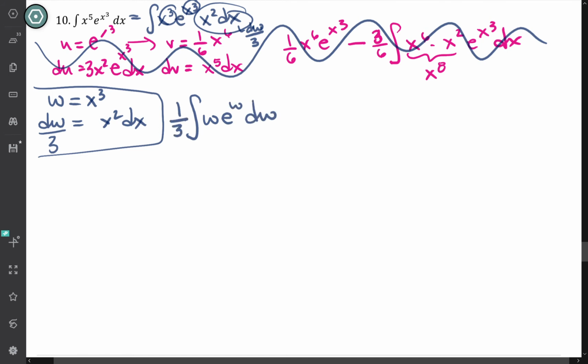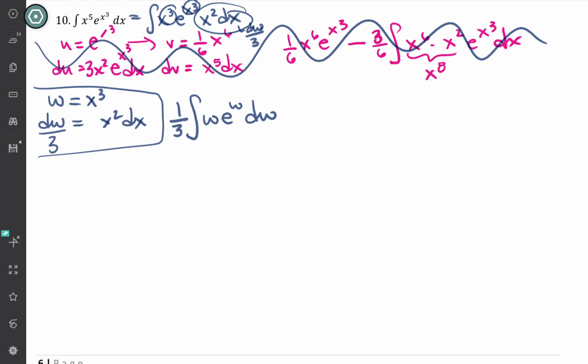I'm going to move that out in front and make it a 1/3. This is a lot better. I still don't automatically just get to say what the integral is. It's not quite that obvious, but now I think a by parts would be extremely helpful.